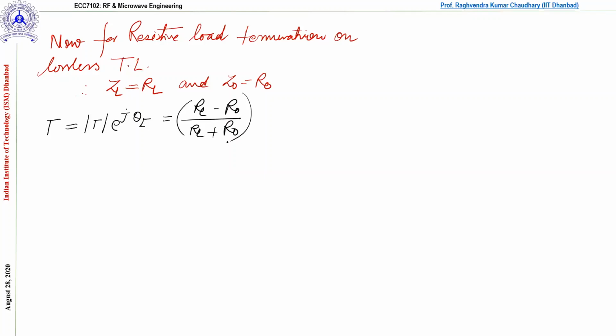Now, if you see, all the things are real. It means that we are going to get a real quantity only. Whatever the outcome of this will be real and positive.